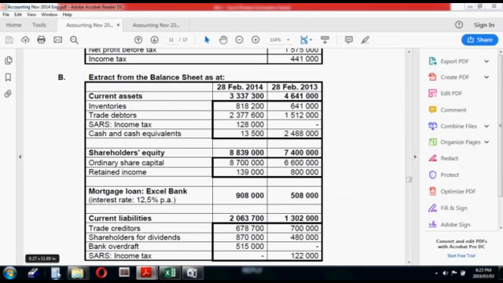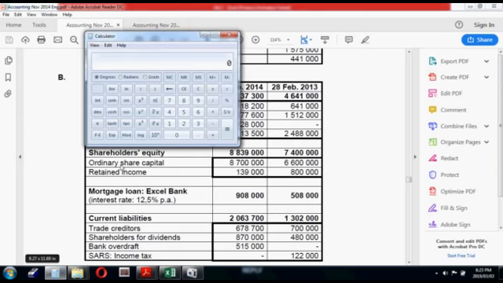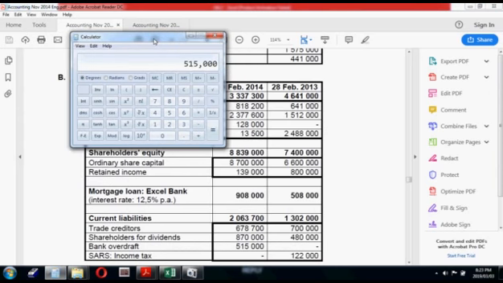So if we calculate the difference between those two, we have 515,000, and from that we subtract the 13,500, and then we get again to the 501,500.